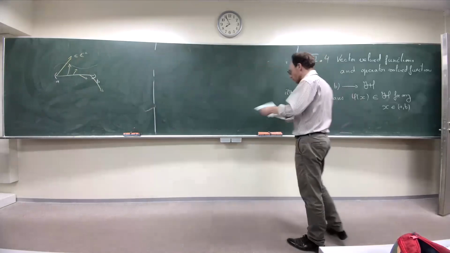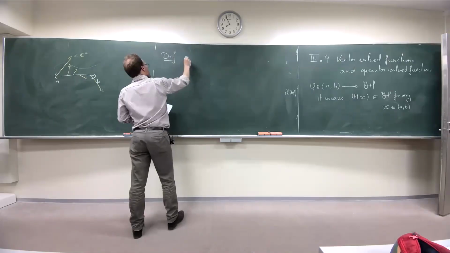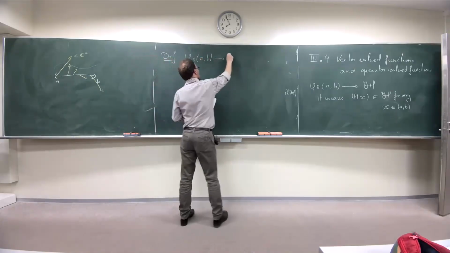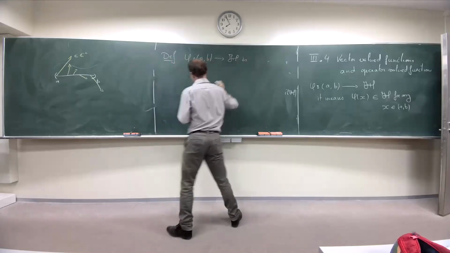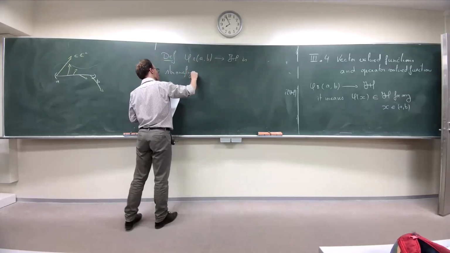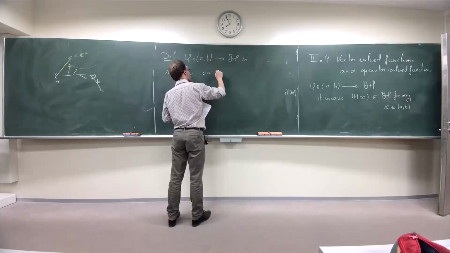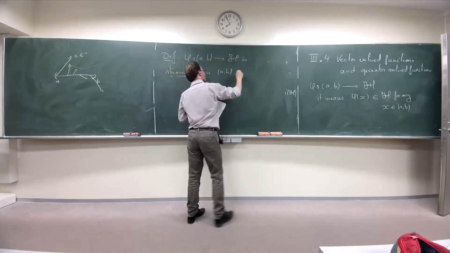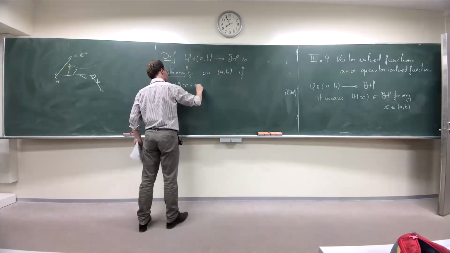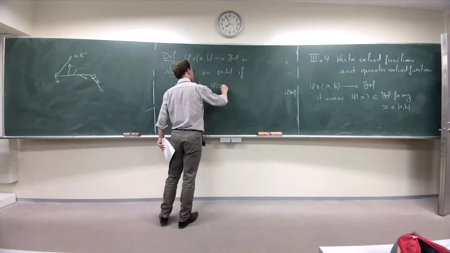And we have two notions of continuity. Phi from AB to H is strongly continuous, because we have two notions of convergence. It's strongly continuous on AB if we take phi of x plus a small epsilon minus phi at x.